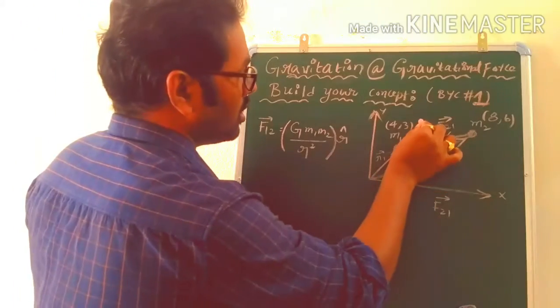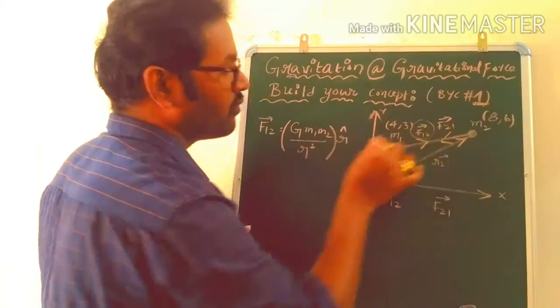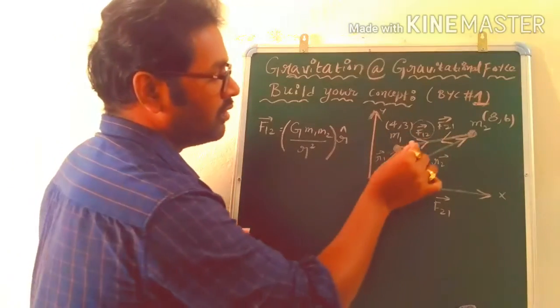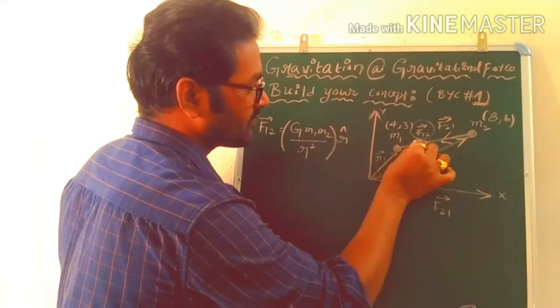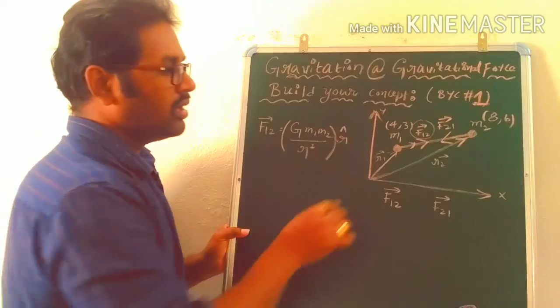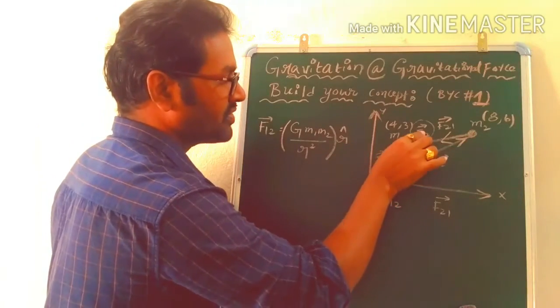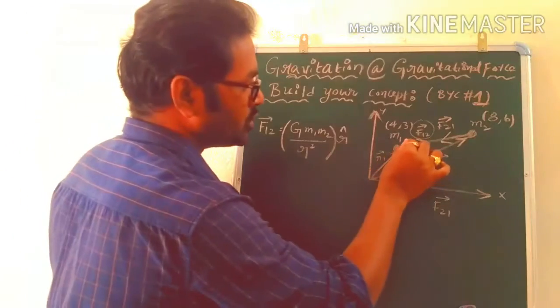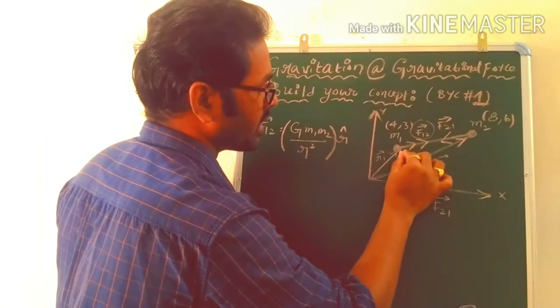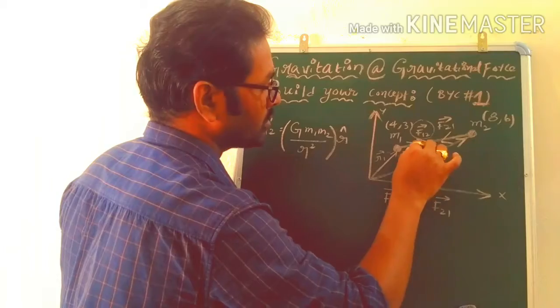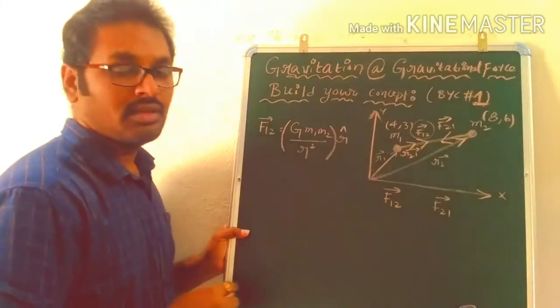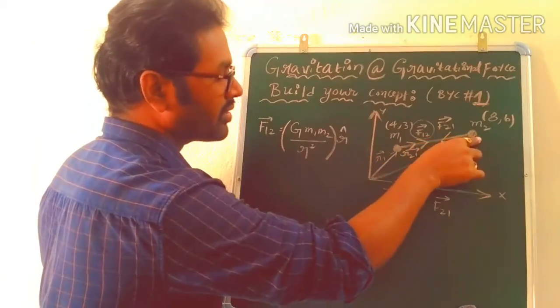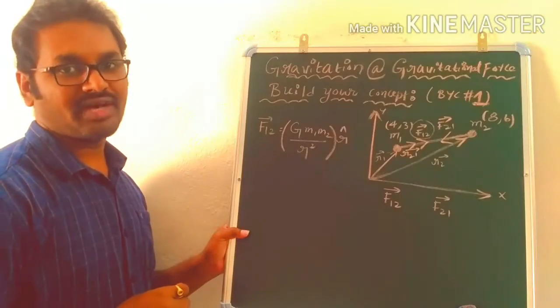Now, if you take this force F12 bar, and you know the direction along this force, if you multiply this direction with the force magnitude, you will get the force vector. So what is the unit vector along this direction? It comes as R21 bar, which is the position vector of the second particle with respect to the first particle.